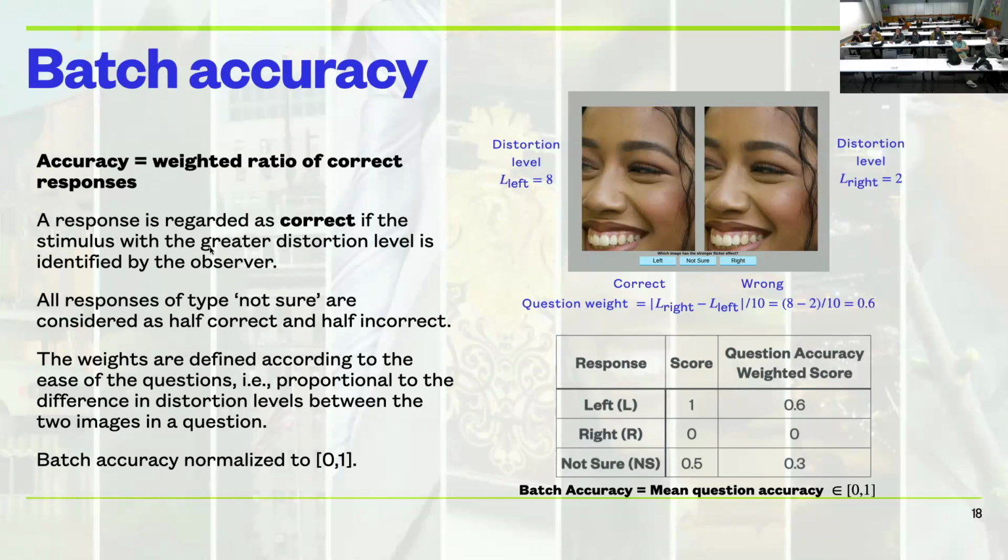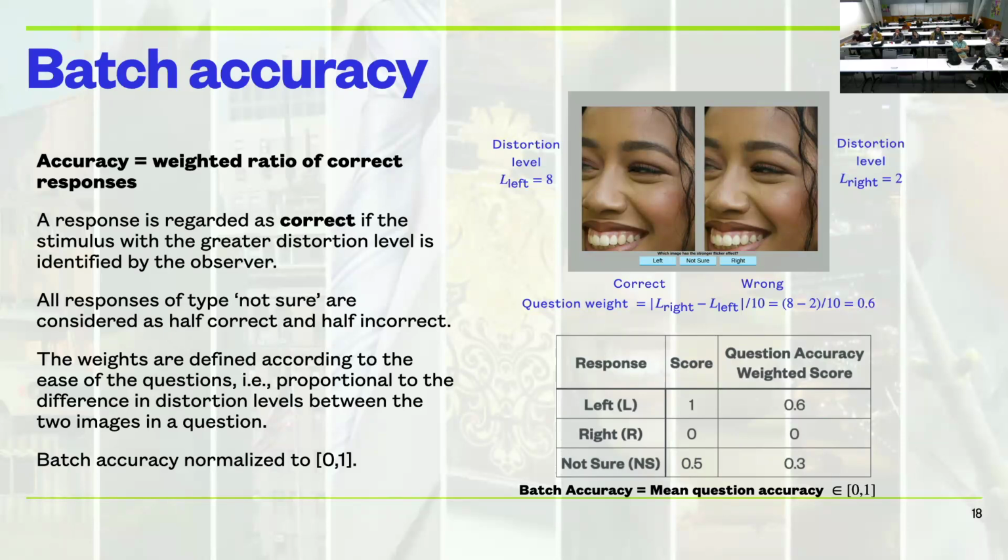We simply decided to say a response is correct if the stimulus with a greater distortion level is identified by the observer. And this applies only for same codec comparisons, because if we have two different codecs, we cannot say that distortion level 9 for the AI codec is worse than, or better than, distortion level 10 for JPEG 2000.